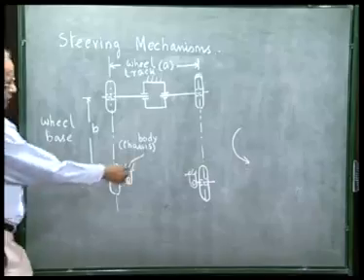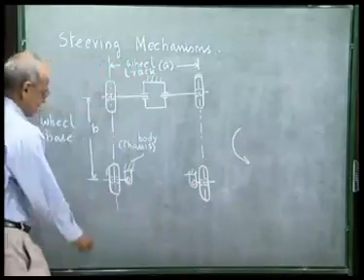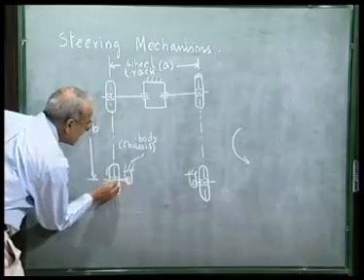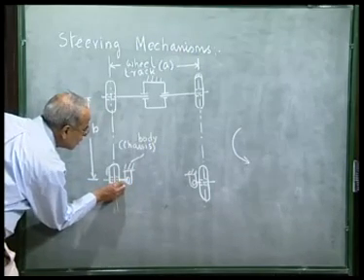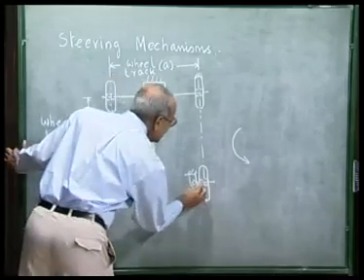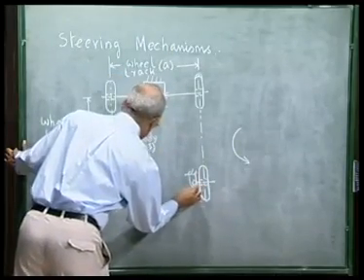Now, when the car takes a turn in this direction, these two front wheels must rotate. Let us say this axle rotates about this pivot and this axle rotates about this pivot.